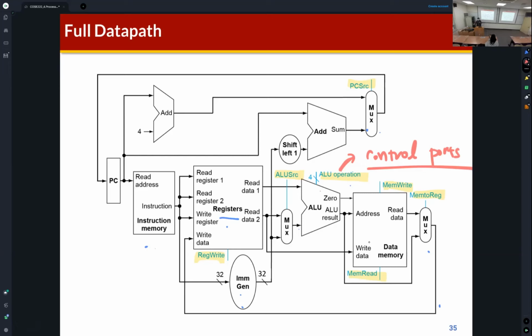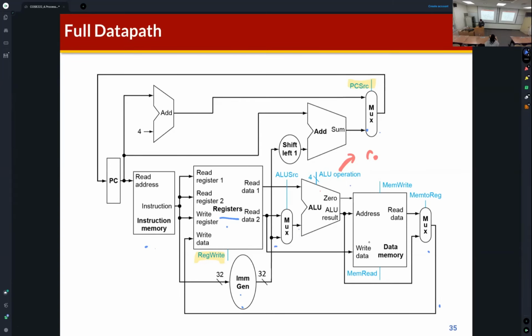So what are control signals? Control signals decide behaviors of the target hardware component, right? For example, if we see this multiplexer here, we can find that the ALU source is the control signal of this multiplexer, and by the result of this ALU source, the behavior of the multiplexer is determined, right? What is the behavior of this multiplexer by ALU source?